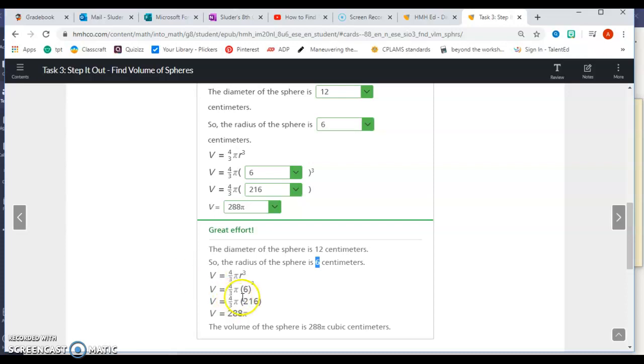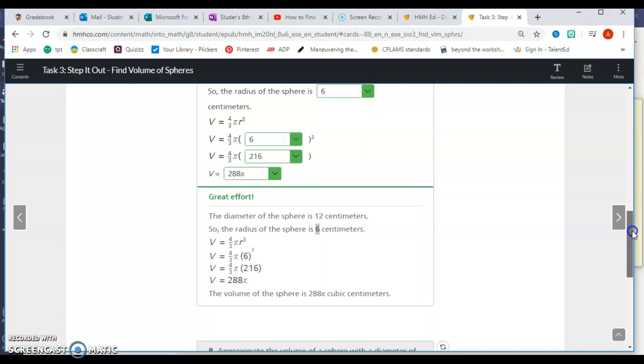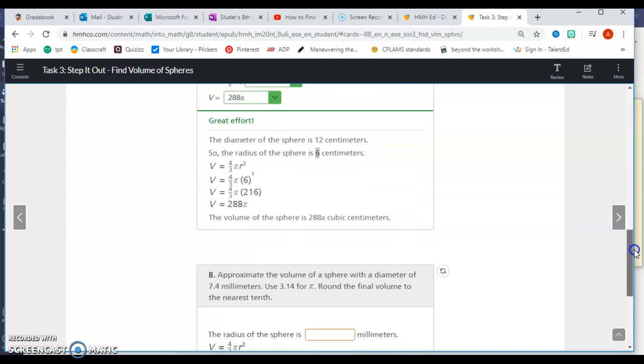I used my calculator to determine 6 to the third power is 216. And then I multiplied 216 by 4/3 by multiplying by 4 and dividing by 3, in order to get 288 pi, leaving the answer in terms of pi, 288 pi.